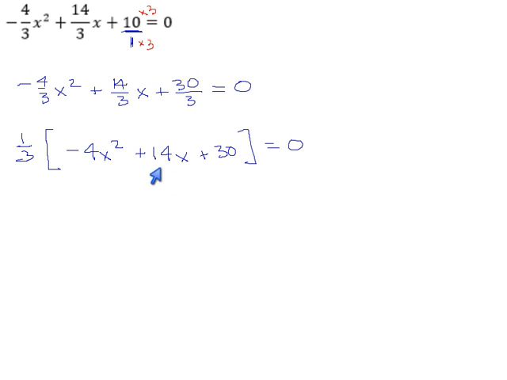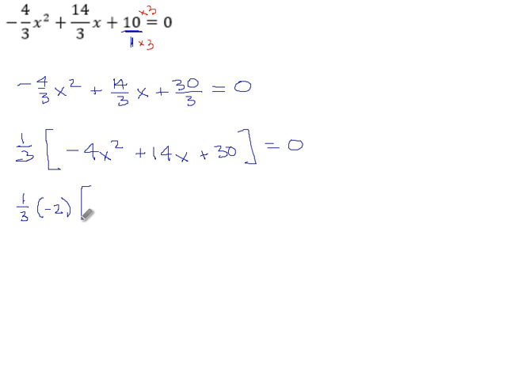So this is better. This is looking more like a proper quadratic. Can we take any more out? Yeah, all of these coefficients are even, so we can take out a 2. And another thing I would recommend, because our leading coefficient is negative, take out a -2. Positive leading coefficient, there's some small benefits to having that.